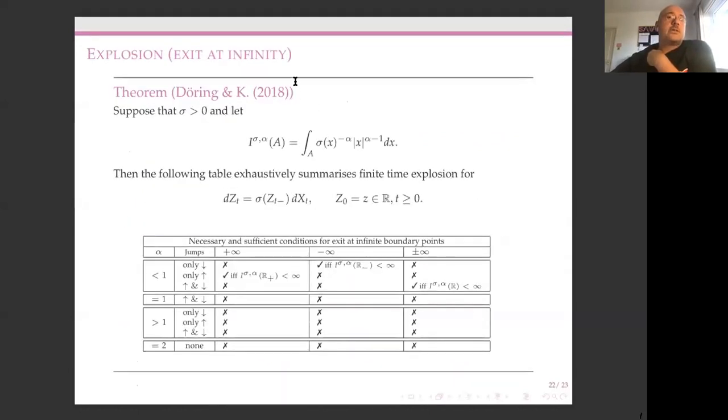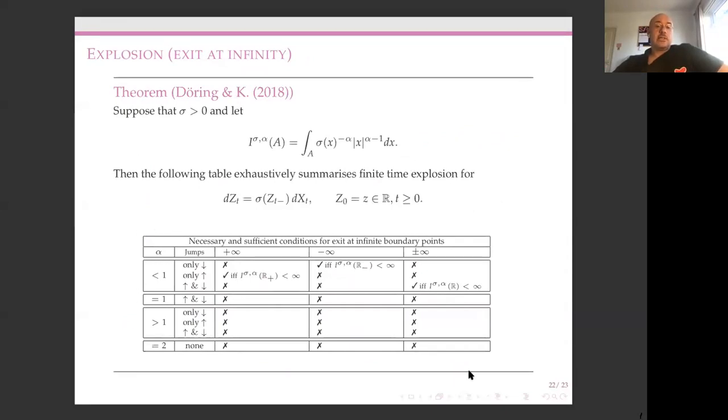But I want to say, if you think about the reversal, then the reversal is converting entrance into explosion. So actually we could redo our analysis and look at what we need for explosion to occur in that SDE. If you remember right at the beginning, we have to be a bit careful about that when alpha is less than 1.